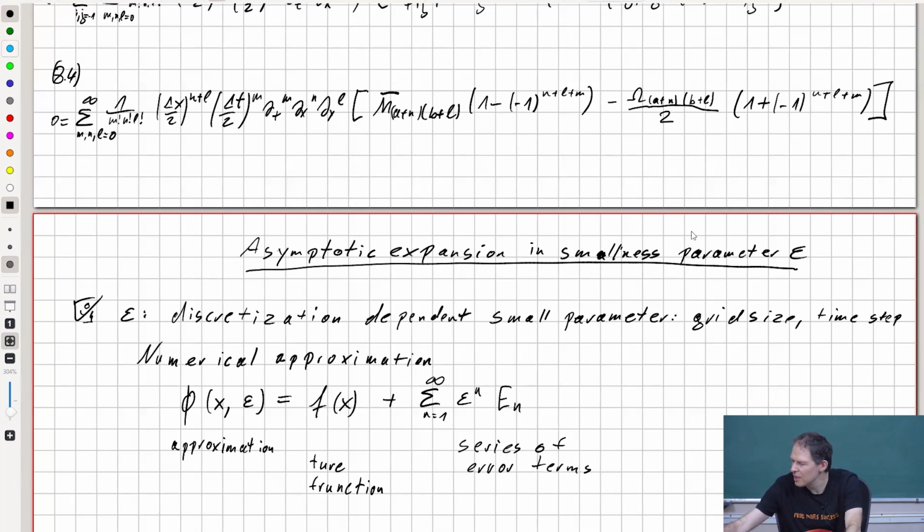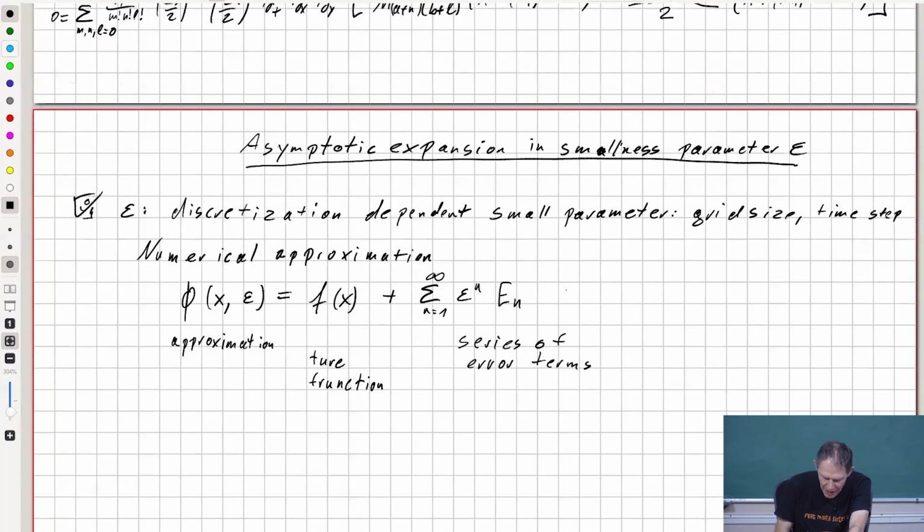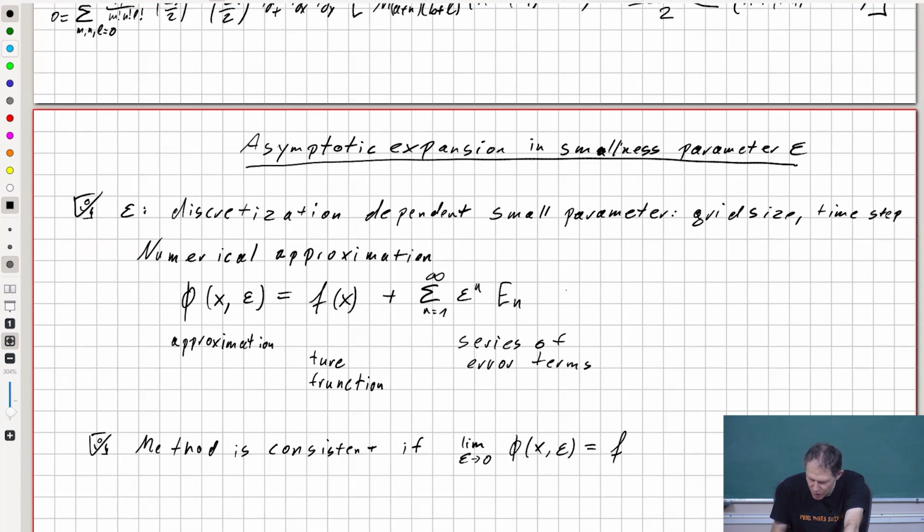Now we never expect that we don't have errors, but we have some conditions on the errors that we would accept. So the method is called consistent if in the limit of epsilon going to 0, this phi of x and epsilon goes to the true solution. Then we have a consistent numerical method.